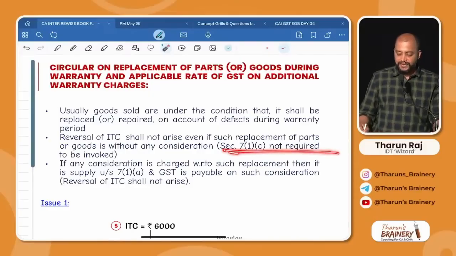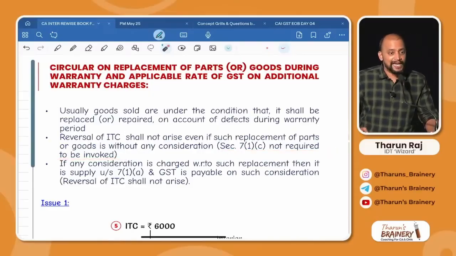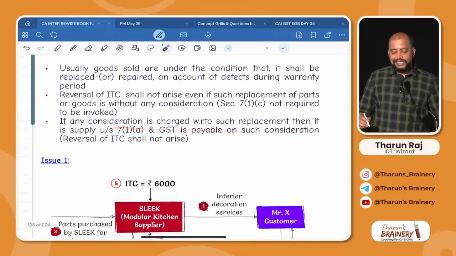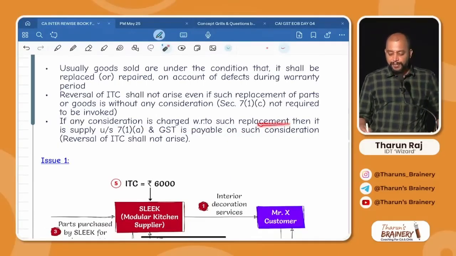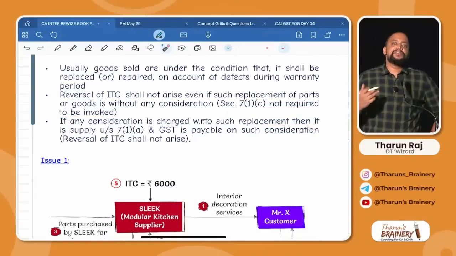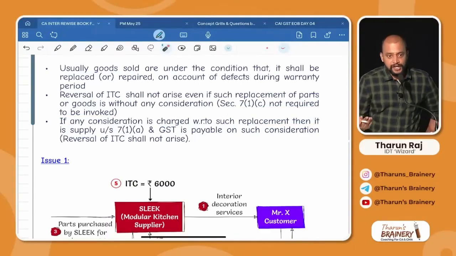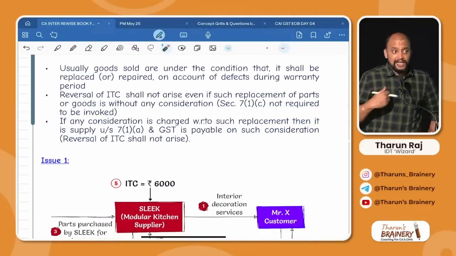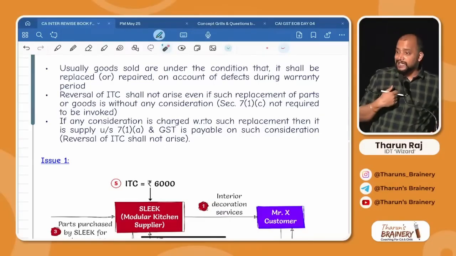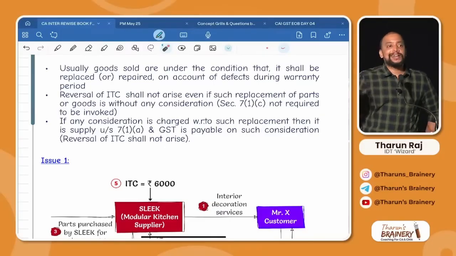That is, section 7(1)(c) is not required to be invoked. And if any consideration is charged with respect to such replacement, why is 7(1)(c) not required to be invoked? Simple. Even though it is disposal of business asset on which ITC was availed, we avail ITC on that replacement of part or goods, but it is not to be treated as disposal of business asset on which ITC was availed.